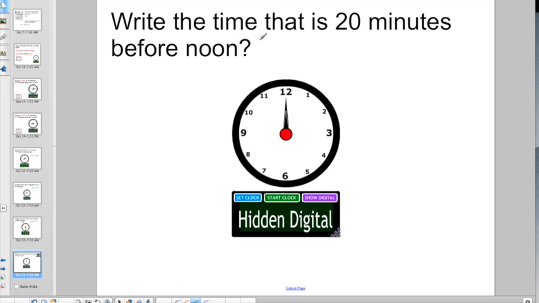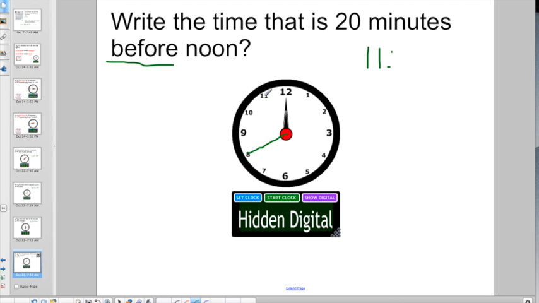Write the time 20 minutes before noon. So is it 12 o'clock yet if it's 20 minutes before? No, it is not. What is our hour? Our hour is 11 since it's before noon. There's where the other hand would be.